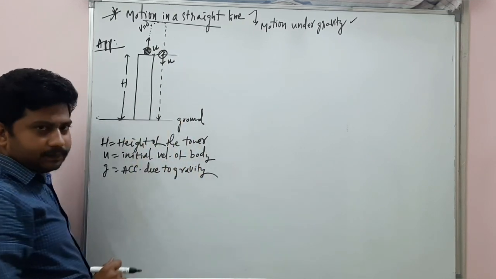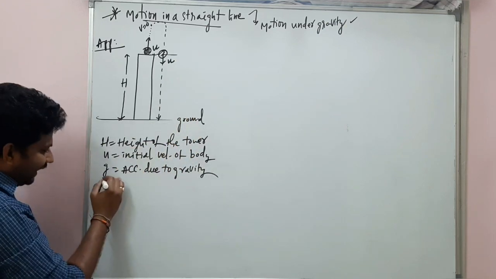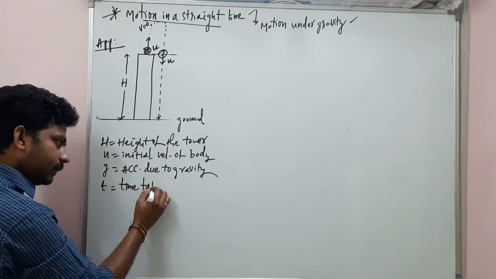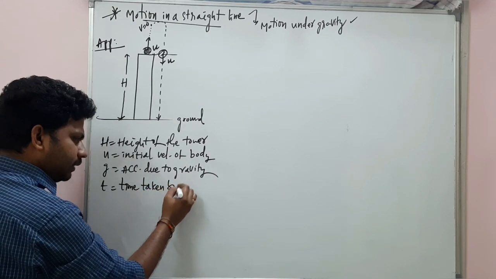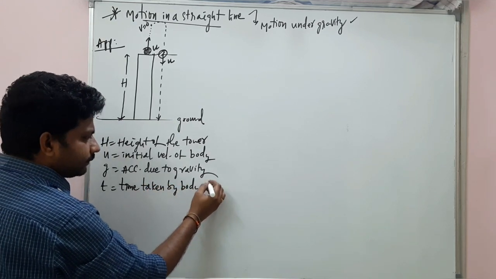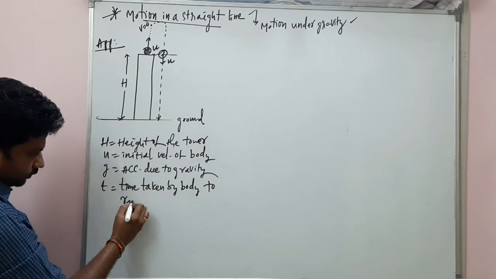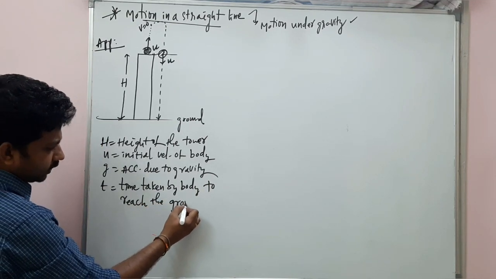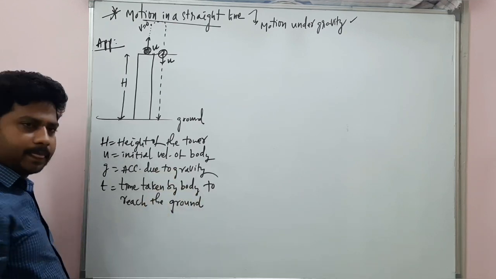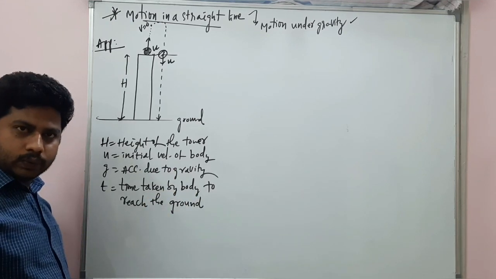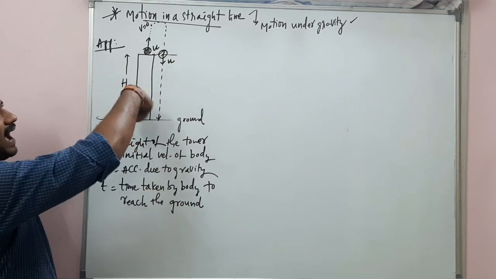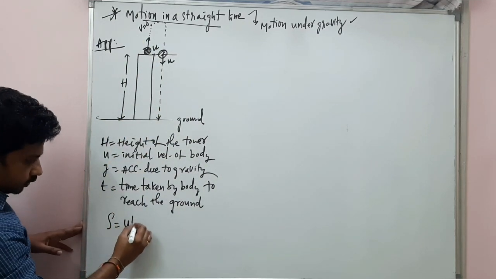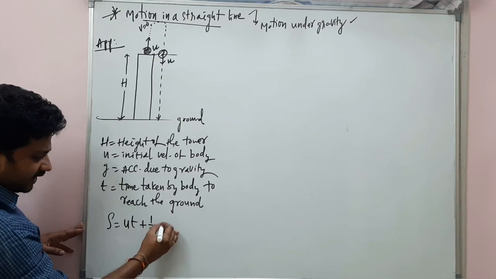In this case, t is the time taken by the body to reach the ground, my dear students. Now let us apply the formula s equals ut plus half at square.